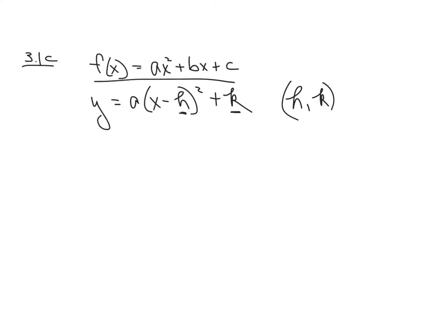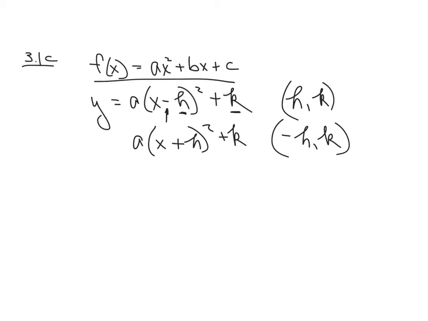Now, if, for instance, this were a times (x plus h) squared plus k, my vertex would be negative h, k. Okay, I'm going to screw you all up, aren't I? Because this has to be a negative. So in order for that to be a negative, the h has to be a negative, so that two negatives give you a positive.